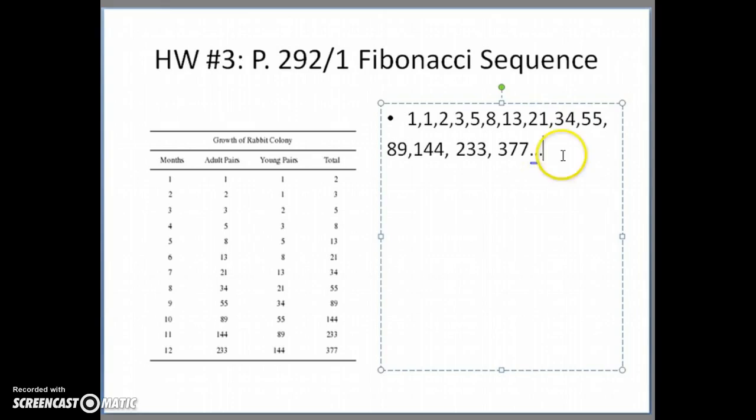In the textbook they have F1, F2, and so on. F1 represents the first number in the sequence, the second number F2, third number F3, fourth number F4, and so on.